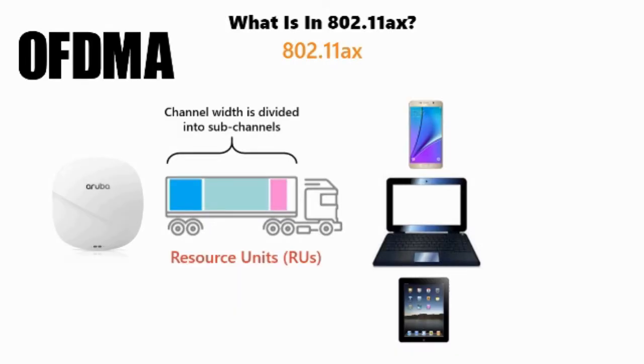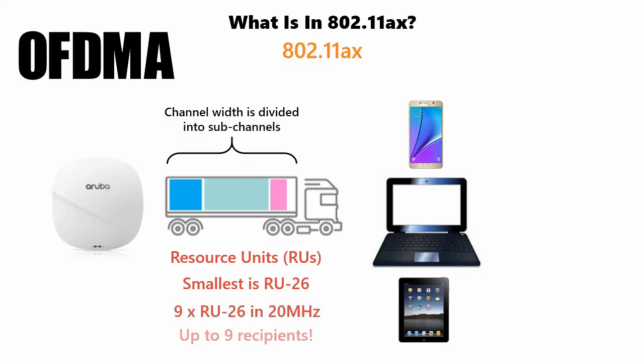Right, and with OFDMA, what it does is that now that channel width is divided into sub-channels, okay? And these sub-channels are called resource units, and the smallest resource unit is RU26, and a single 20 megahertz channel can hold up to 9 resource units, okay? And what it allows the AP to do now is to assign every client with a resource unit, okay?